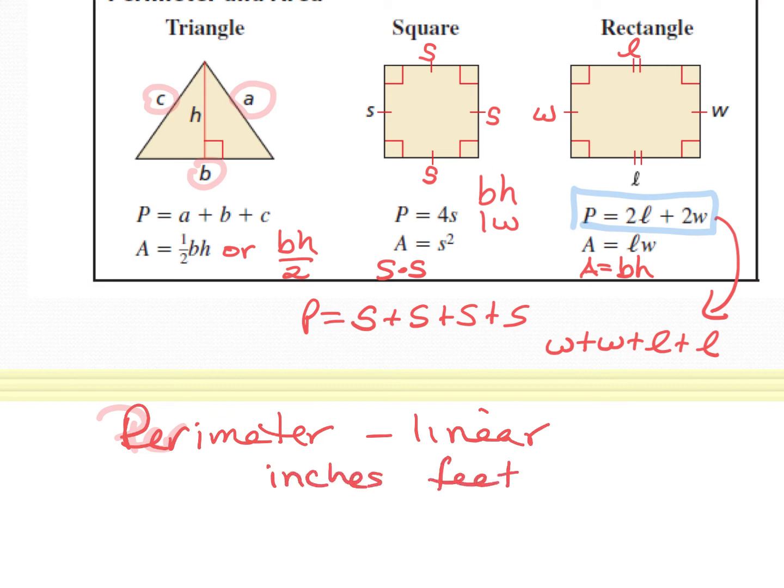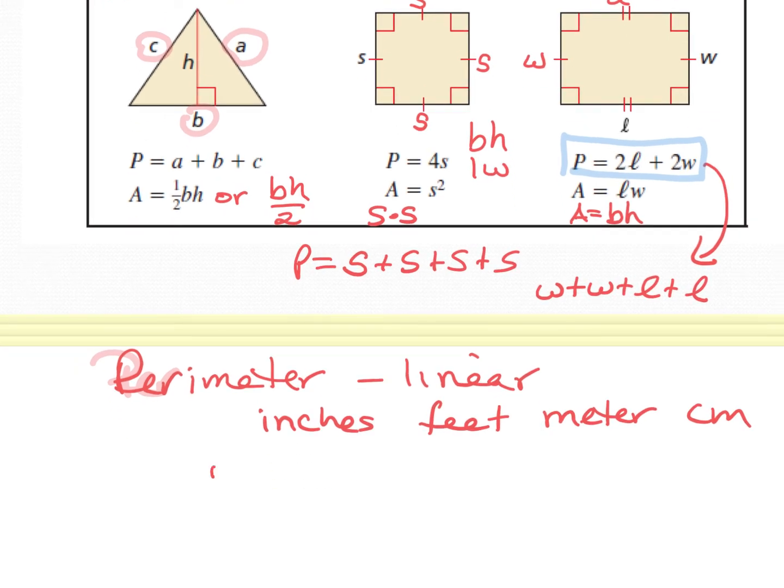These are all linear units. Could be meters, could be centimeters, could be yards. So perimeter, it's going to be a linear unit. If it's just on the coordinate plane, each one of those squares is going to represent 1 unit. And whenever you give your answer, it's always whatever the unit is.